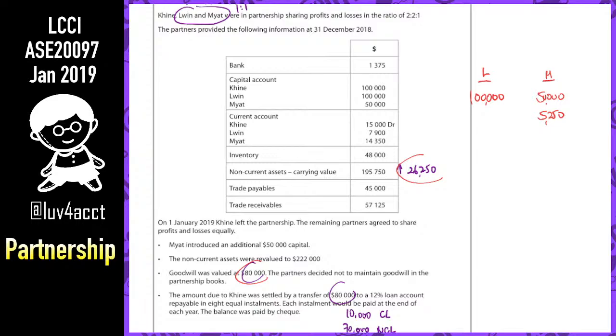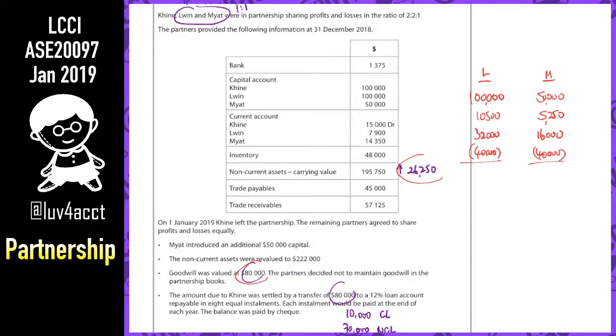This working can be done in the workings part. There's space provided for workings. You should do it there, but I don't want to flip the pages. Then 16,000, 32,000 for the goodwill created, and then the goodwill written off, shared equally, so 40,000 and 40,000.